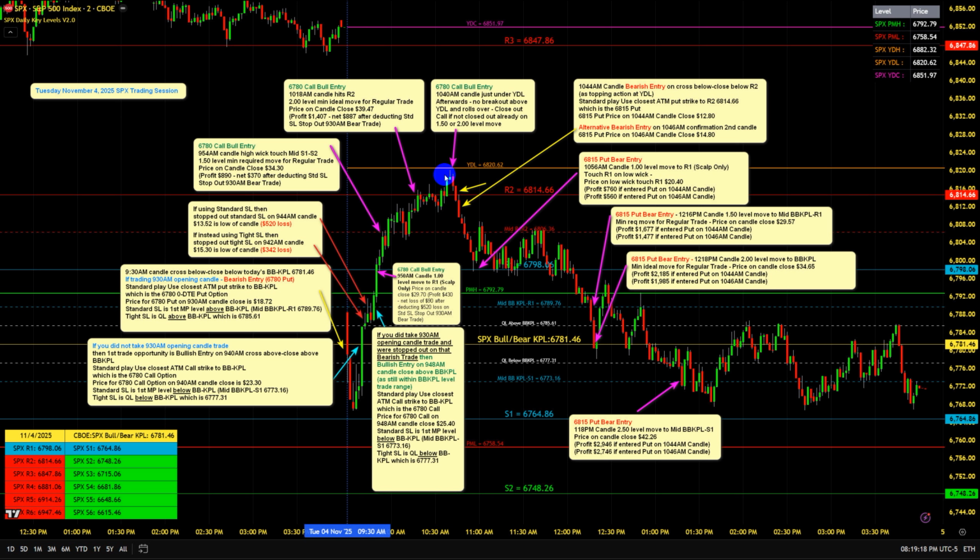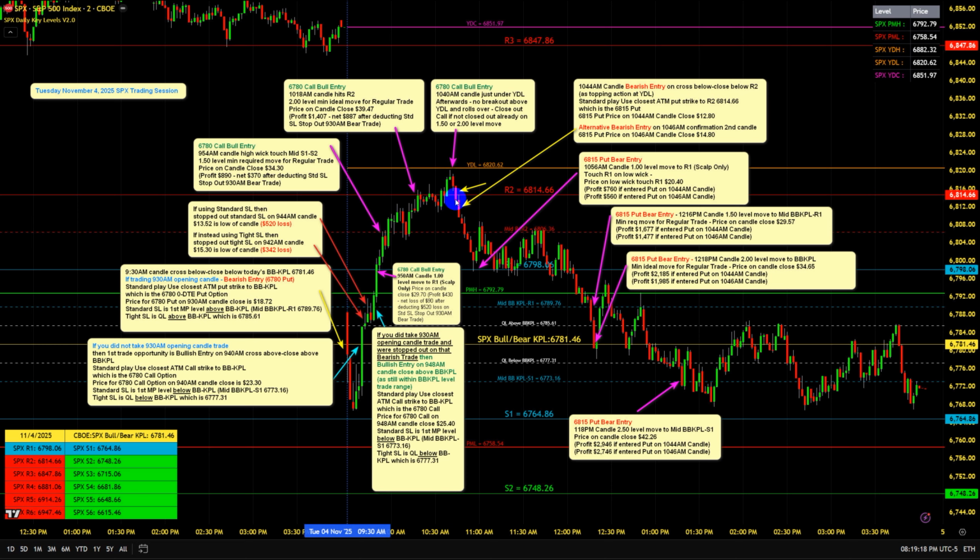However, nevertheless, as you can see, it stops just a hair below the YDL level. And then we get a longer candle, which encompasses all of this candle and much more. And now it's headed back towards the R2 level.